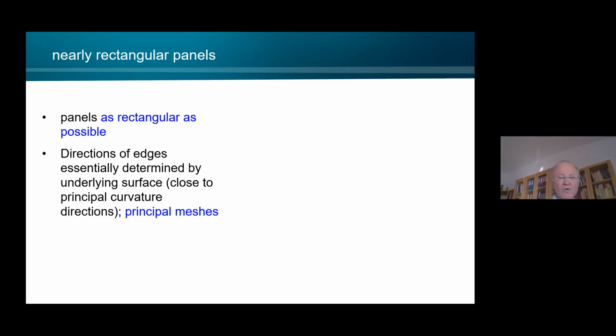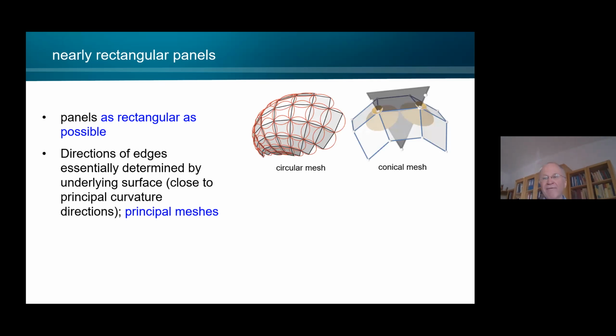So these meshes are also called principal meshes. And in discrete differential geometry, they are well studied and come in two specific types, namely so-called circular and conical meshes. I'm not going into any detail here, but I just mentioned it is not completely obvious to come up, let's say, with the definition of this conical or circular mesh when you look for panels that are nearly rectangular.